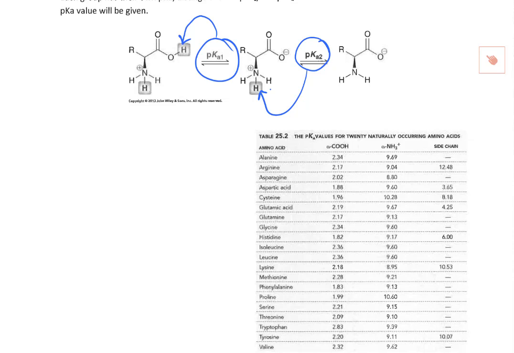Keeping in mind that the amino group only has a pKa if you're talking about the protonated part, right? This doesn't have a pKa because it's not an acid, right? That's a base.